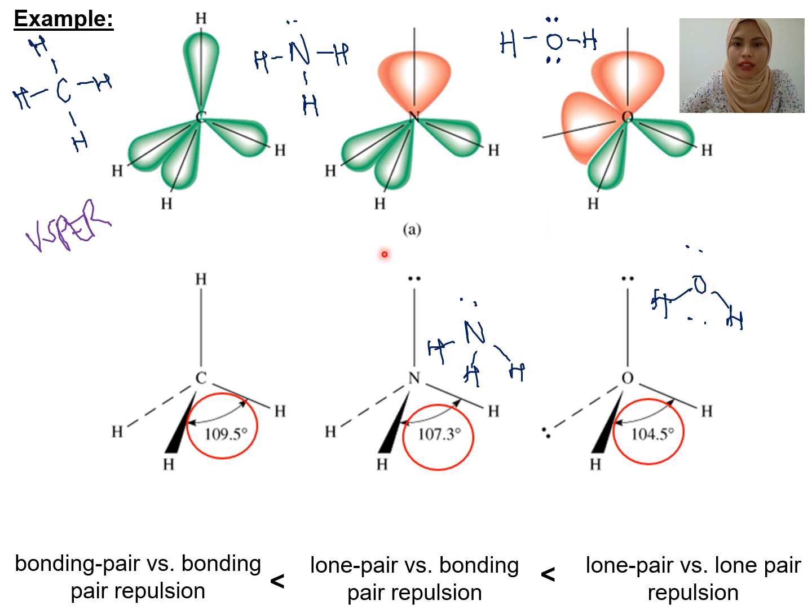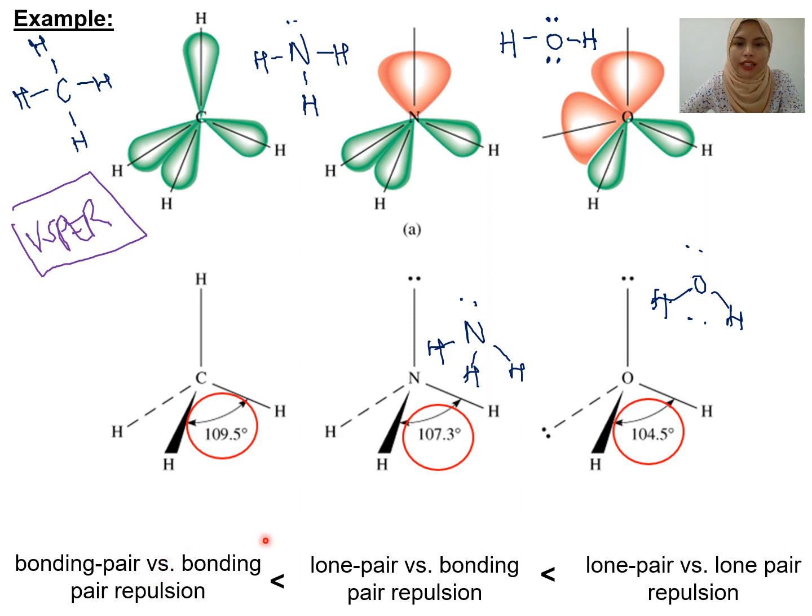Why does its shape change from its actual shape? Because of VSEPR. VSEPR theory states that lone pair repulsion is greater than lone pair bonding pair repulsion, and is greater than bonding pair repulsion.